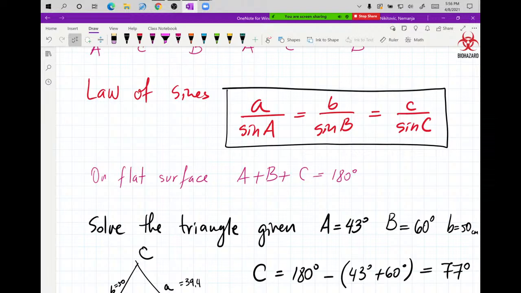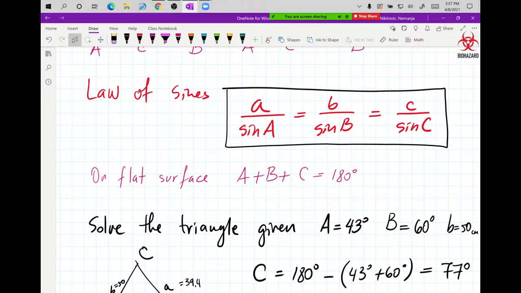But if you're given two sides and an angle, or two angles and one side, law of sines can quickly find the missing values. Now, we have to be careful, because in certain cases there are two solutions. So you should always check if your problem has another solution.